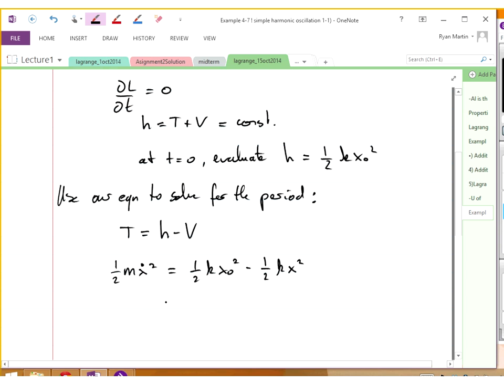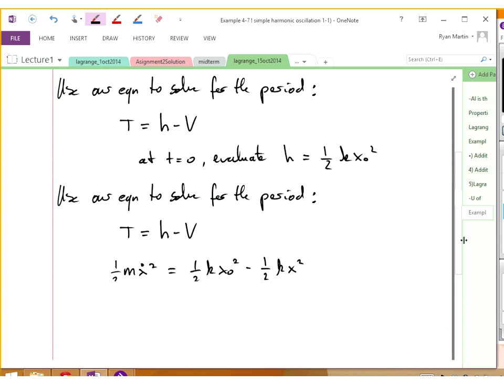We can write that as x dot, well, let's keep the squared for now, is equal to k times x naught squared minus x squared.